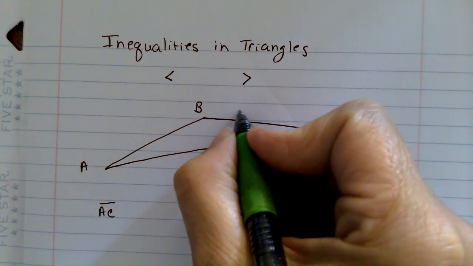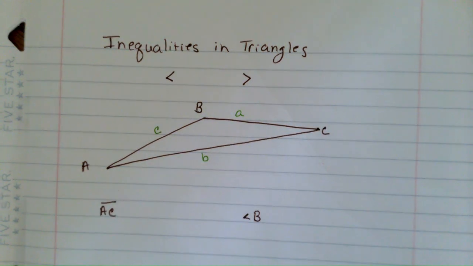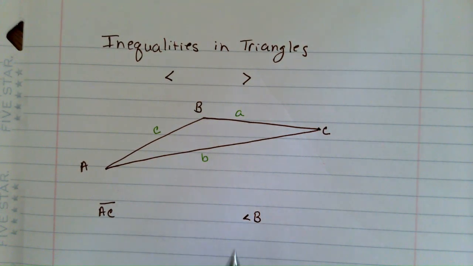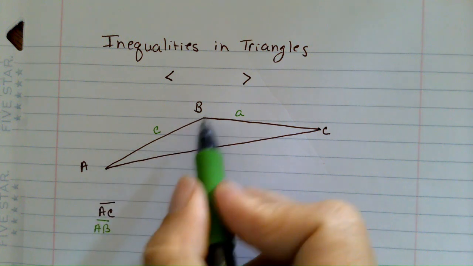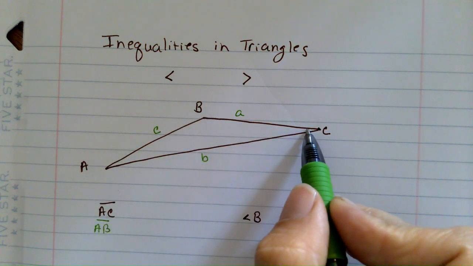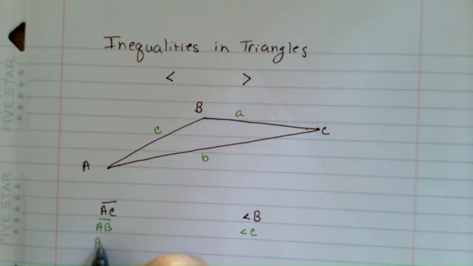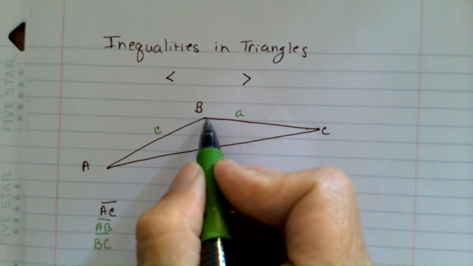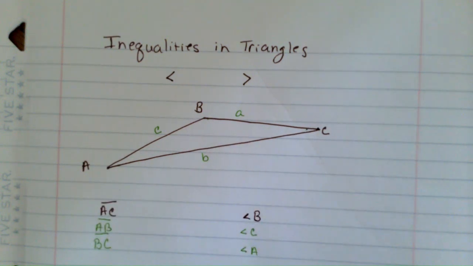So since that's A, this would be lowercase a, that's C, that's lowercase c. So what if I told you that side AB was the next largest? Well, if this is the next largest, then that means that would have to be the next largest angle. And if I told you BC was the smallest, then that means angle A has to be the smallest angle.